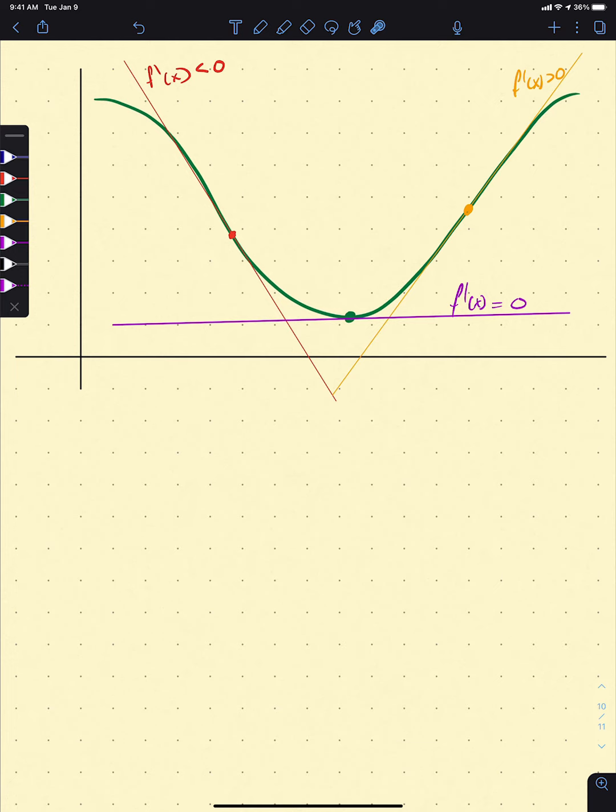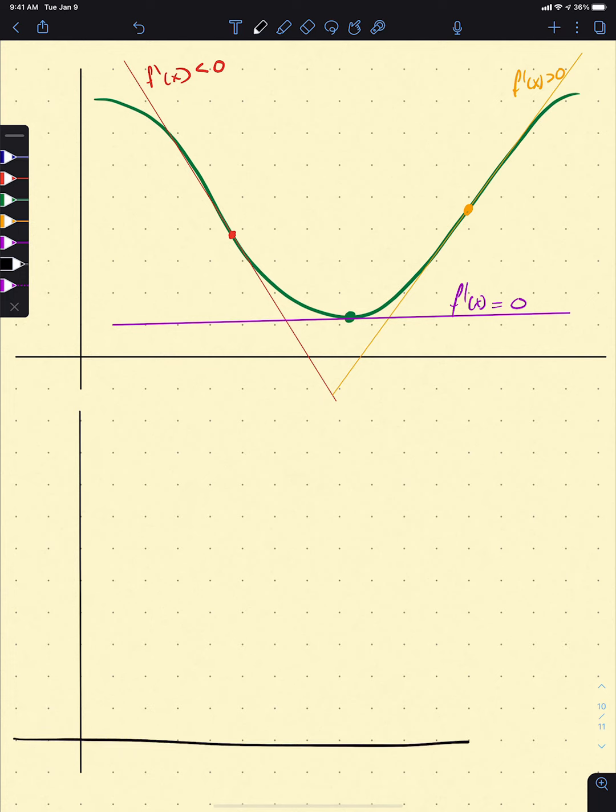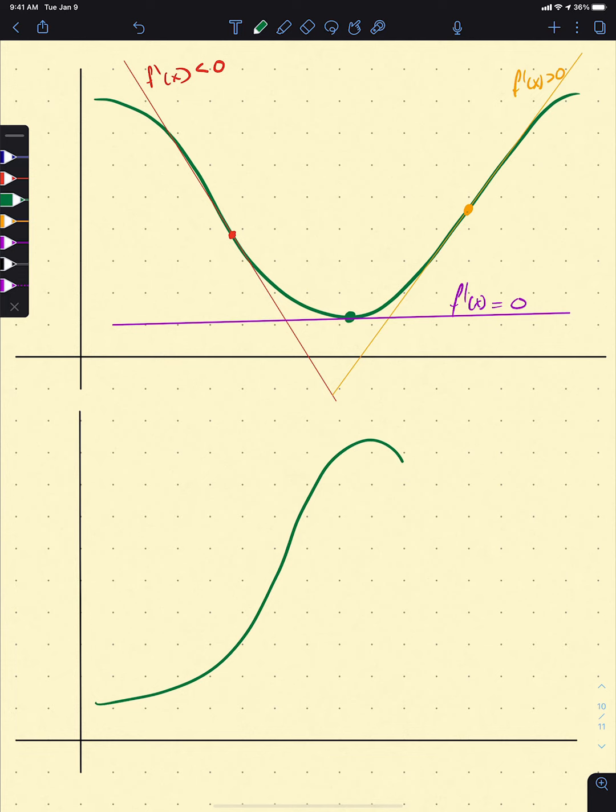And you could absolutely make the exact same argument if you took this graph and you just flipped it vertically. If we were looking at something like this, our tangent line here is now positive, maybe at that point.